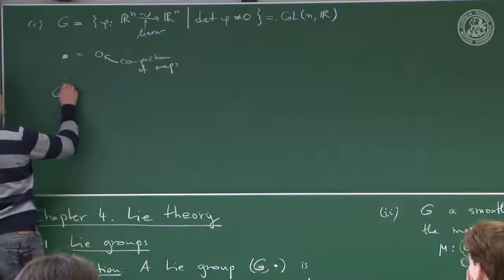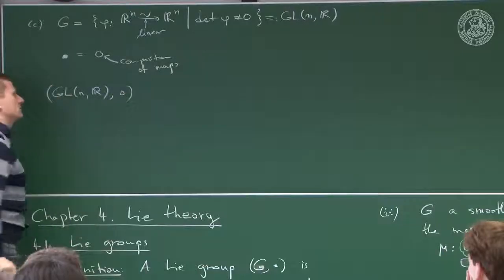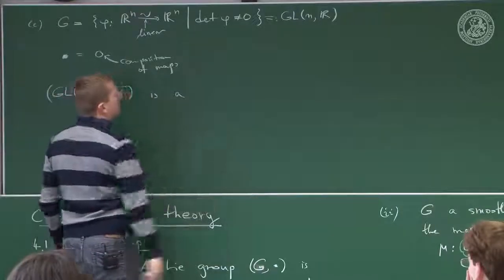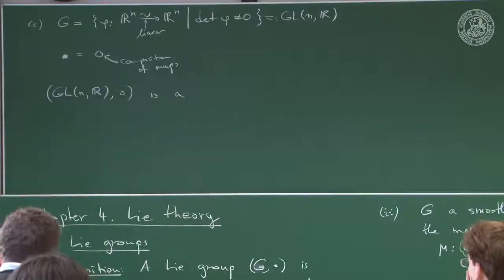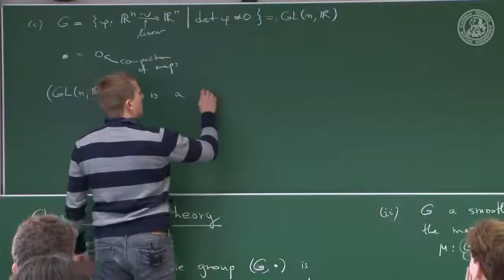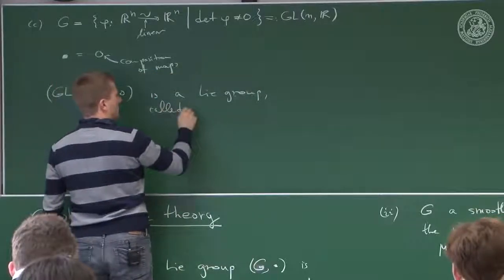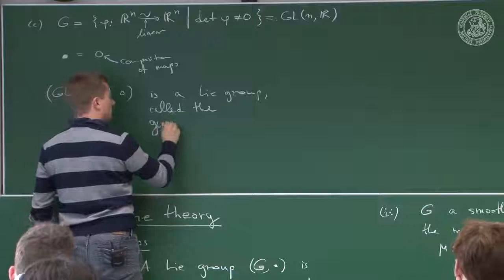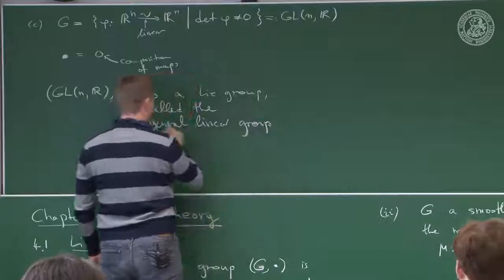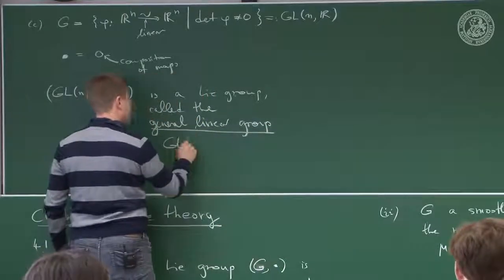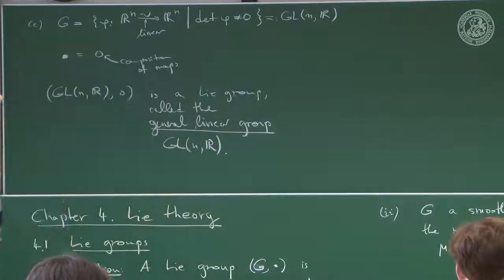So we have GLNR equipped with the composition is, now that's no longer a commutative Lie group, because phi after psi is not generically the same as psi after phi, a Lie group called the general linear group. And as such is also called GLNR. Okay. So these are all Lie groups.